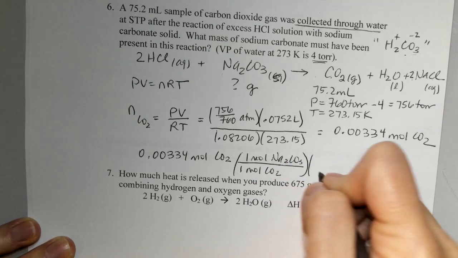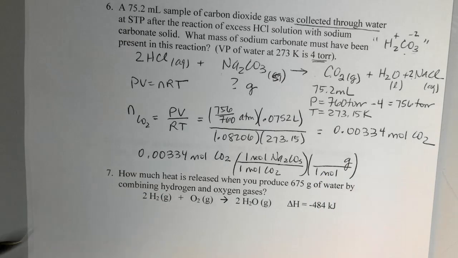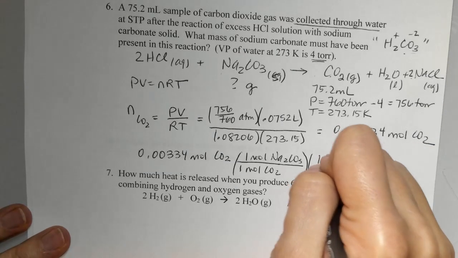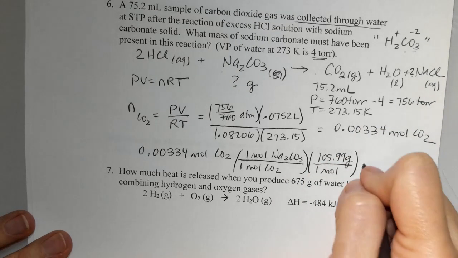All right, and then to get to grams, for each mole of sodium carbonate, molar mass 22.99 for sodium taken twice. Carbon is 12.01. 3 oxygens would be 48. I get a total of 105.99 for the molar mass of the sodium carbonate.